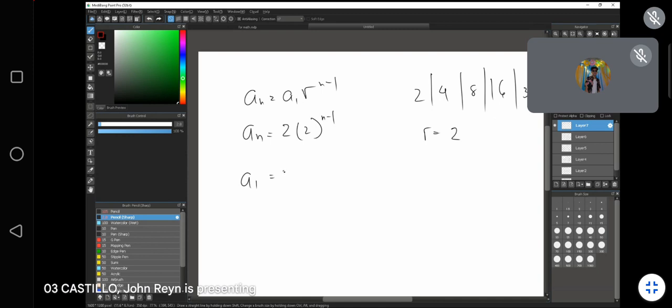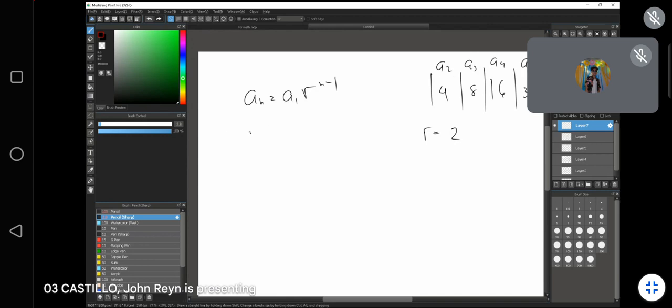Okay, so let's say we don't have the other terms. Let's try to solve for the first term. So let's use, say, a sub 2, a sub 3. Let's test it so we won't get confused.